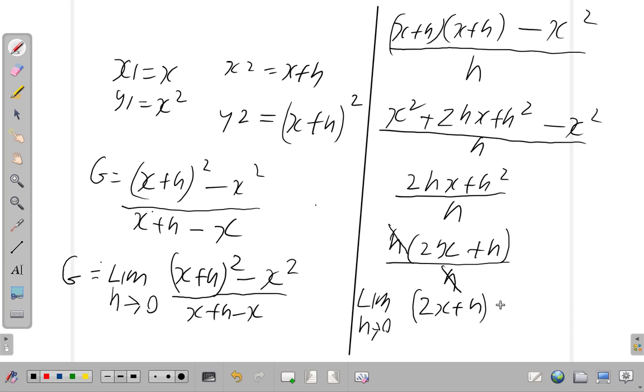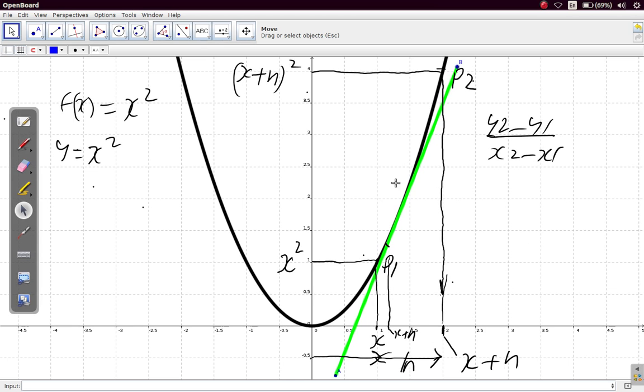The limit of all this will be 2x plus 0, which is just 2x. Now, what it's showing is that the derivative of this is 2x. What that is saying is, whatever point you choose, the gradient at that point is always 2x, whatever point you choose for x.